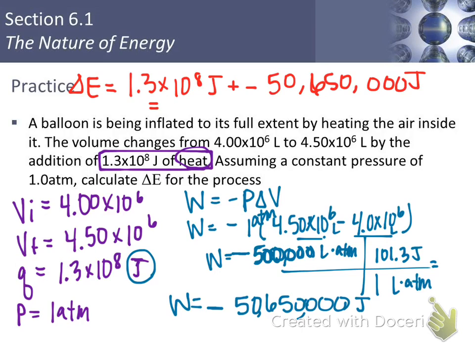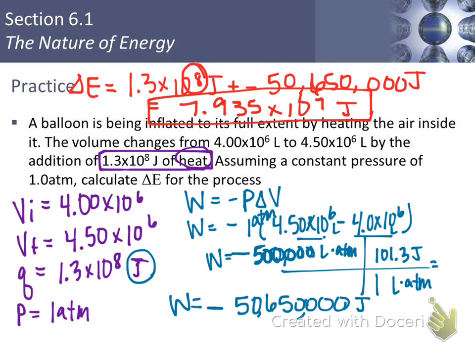And I get a really big number I'm going to put into scientific notation, so 7.935 times 10 to the 7th joules. Okay.